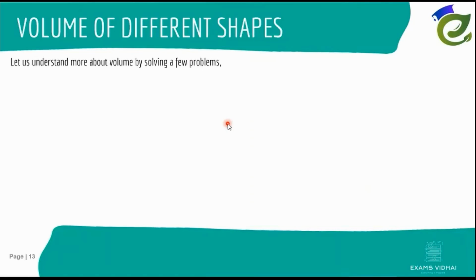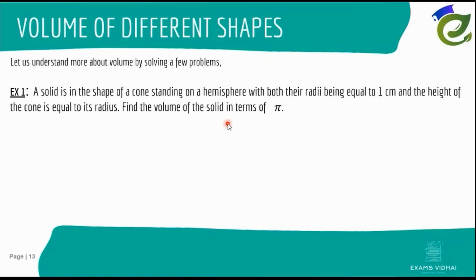Now let us understand more about volumes of different shapes by solving a few problems. Okay, this is the first problem. A solid is in the shape of a cone standing on a hemisphere with both their radii, radii being plural of radius, equal to 1 centimeter, and the height of the cone is equal to its radius.